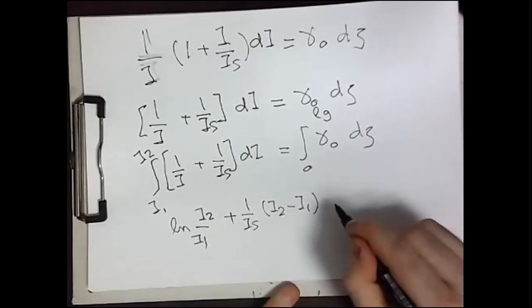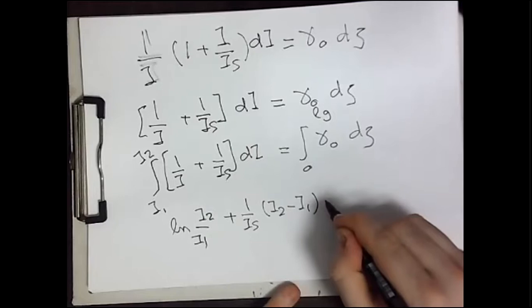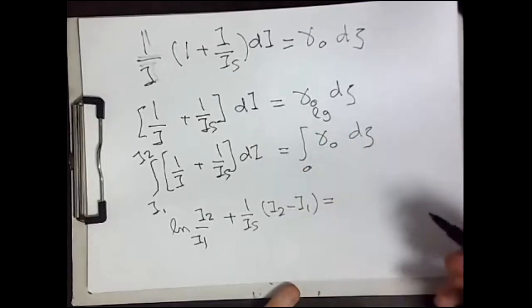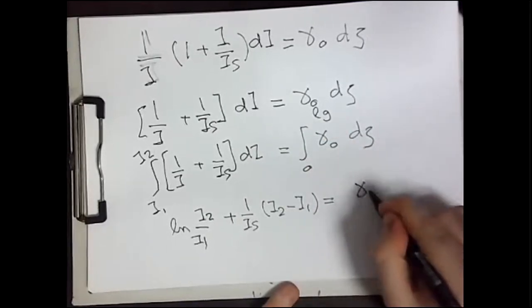And then you have, this is of course a constant, so gamma0 times Lg.